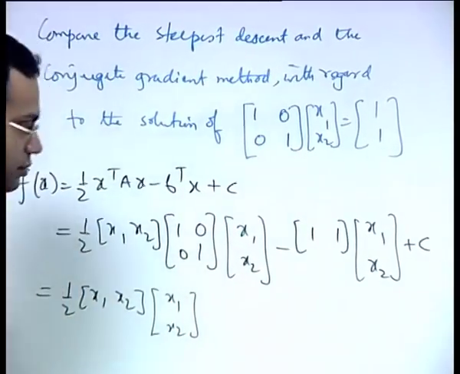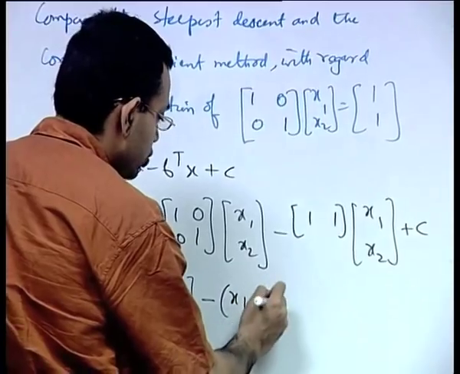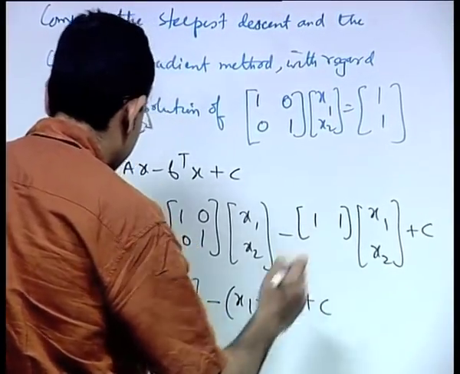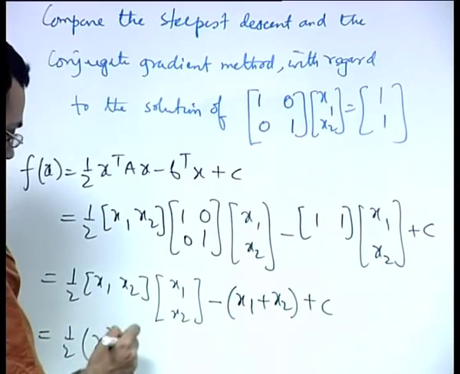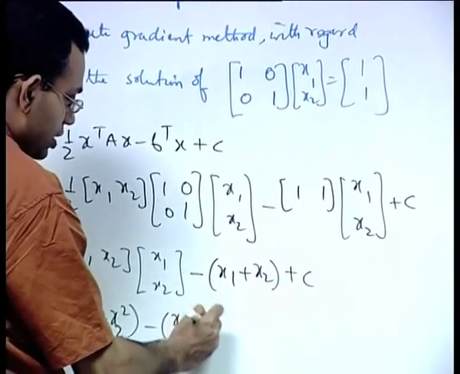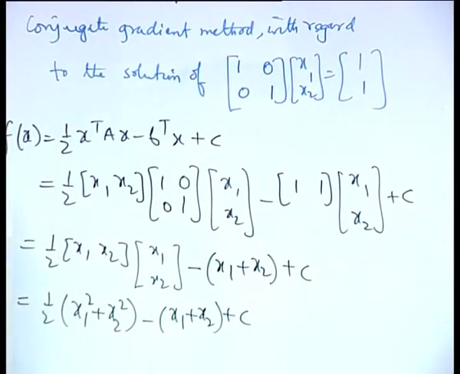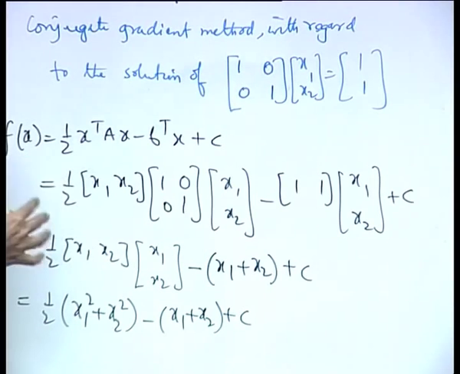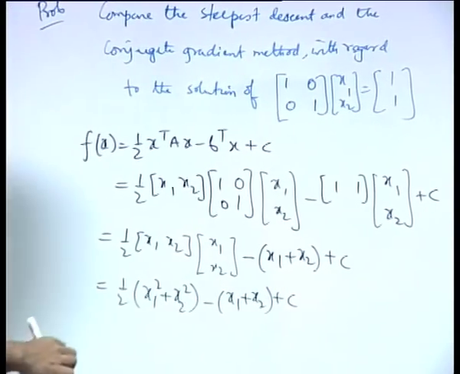This minus x1 plus x2 plus c. So half of x1 square plus x2 square minus x1 plus x2 plus c. To have a visualization of the method, we will try to plot f equal to 0 in the x1 x2 plane, as we have done in one of the previous examples.